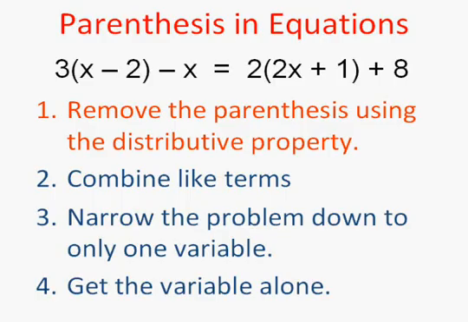Then, once we've done that, we'll combine like terms. And once we've combined like terms, we'll have basically only one variable at worst on each side. And we'll narrow the problem down to have only one variable by subtracting the smaller one or getting rid of the smaller one. And then once we only have one variable, we'll get the variable alone.